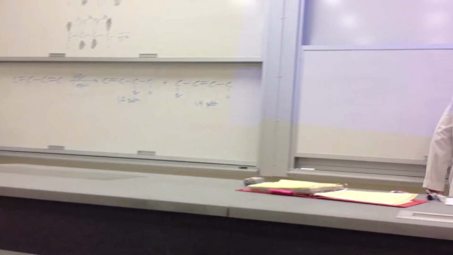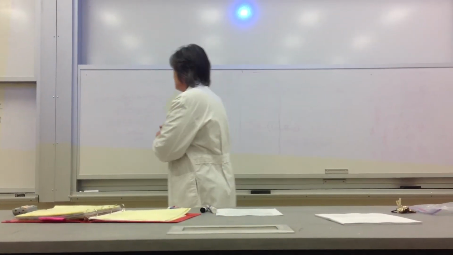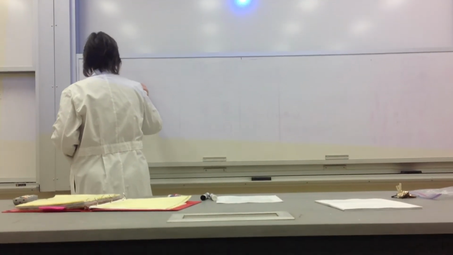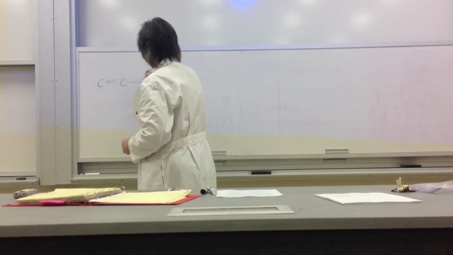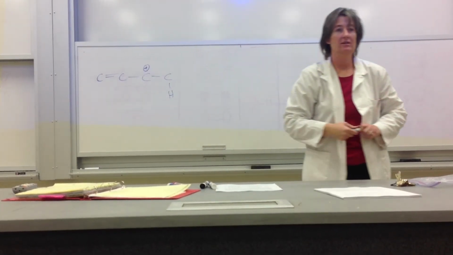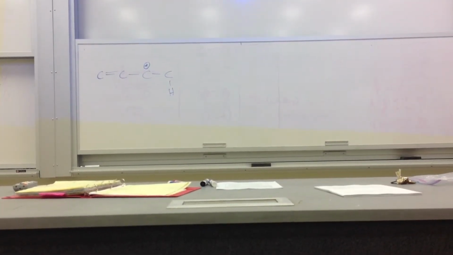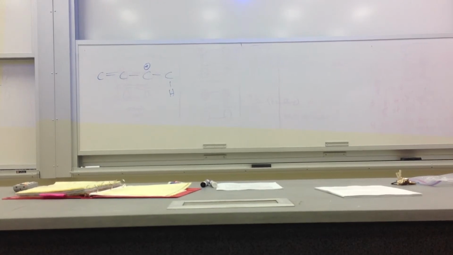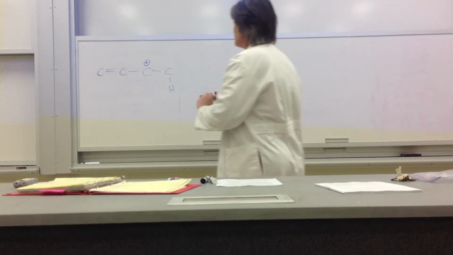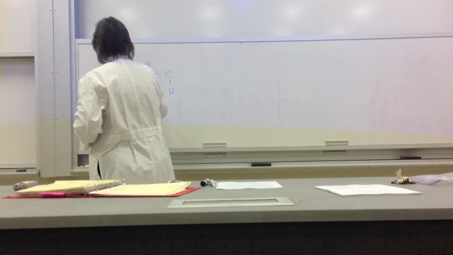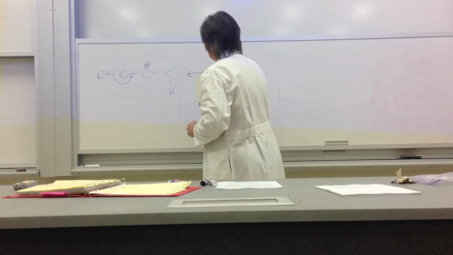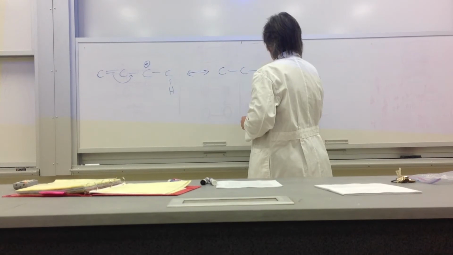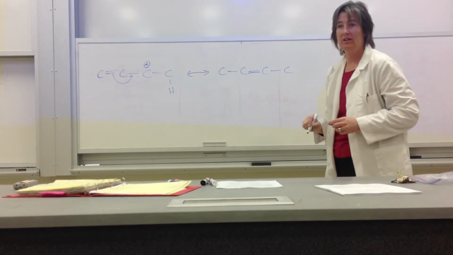So, when you add the hydrogen, initially there's your H, there's your plus, right? But we just talked about how that high electron density is smeared throughout the whole system. So I can draw a resonance structure where I bring those electrons over, and 2, 3, 4. There's a double bond in the center.